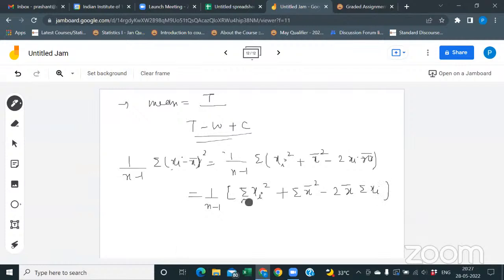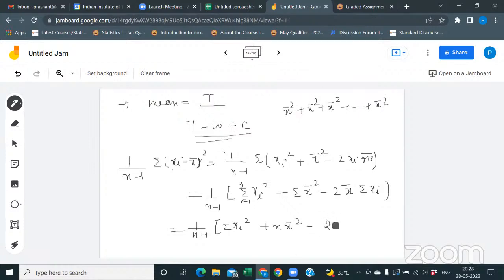See, this is the summation of n terms. So it will be summation of xi square. Now, can I write it n x bar square? Because x bar is a constant, x bar square is a constant. You have to add x bar square up to n times. So it will be n x bar square.